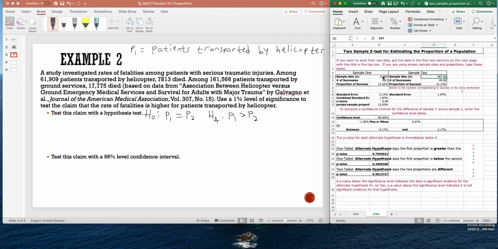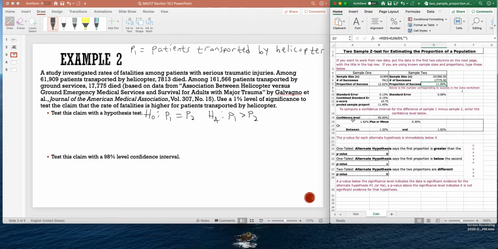For the sample size of the ground services, that was 161,566, and then for the number of successes, that's 17,775 that died.